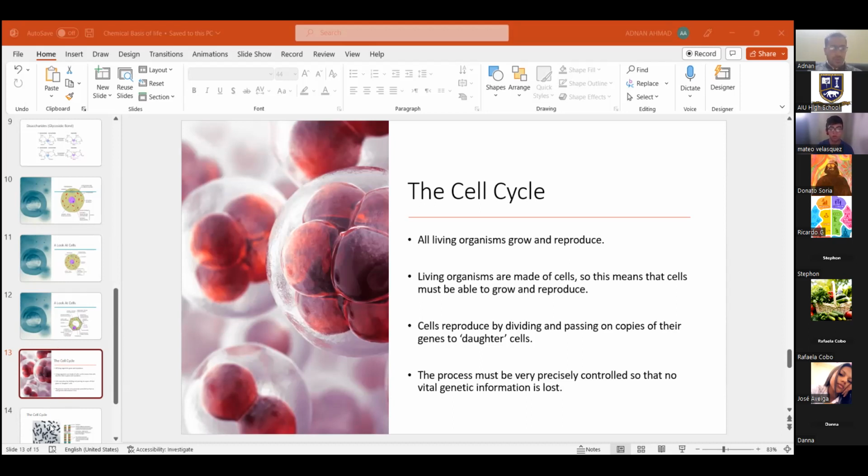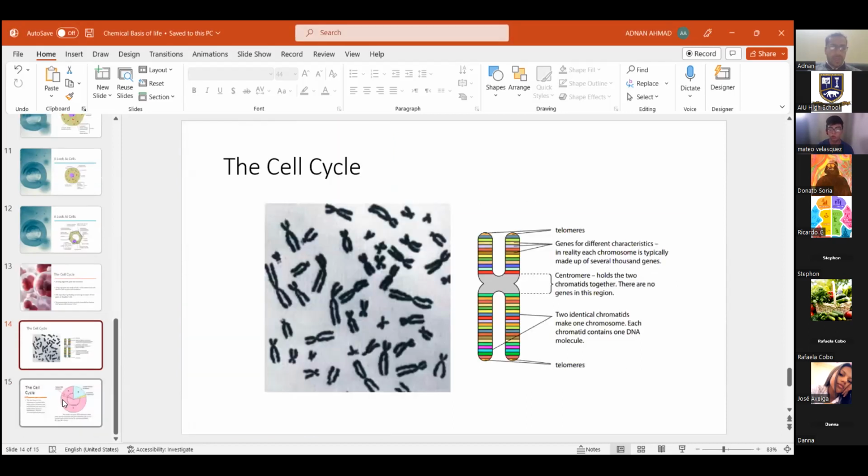Okay, so we have these little structures inside the nucleus that are called chromosomes, and these chromosomes contain DNA. Have you guys heard of the chromosomes before? Anyone?